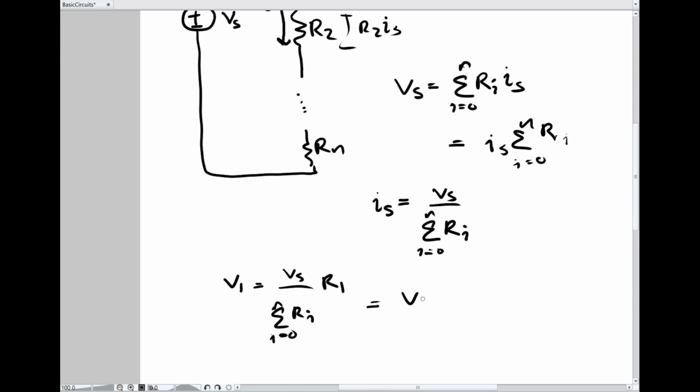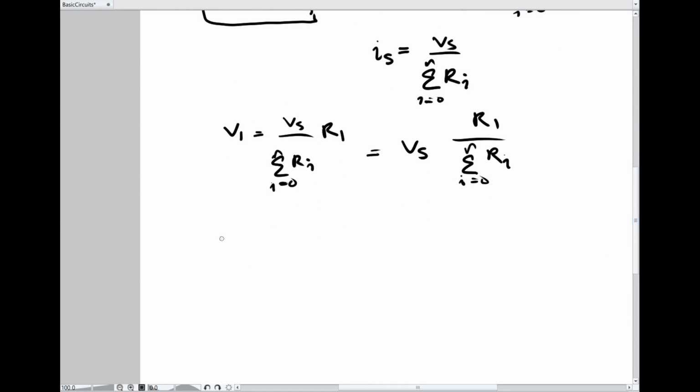Or better, let me write the ratio more clearly: R1 over the sum of all the resistances. Or V1 over V source is equal to R1 over the sum of all the resistances.